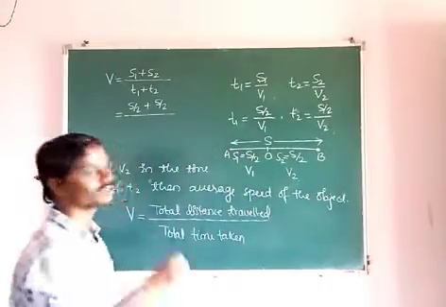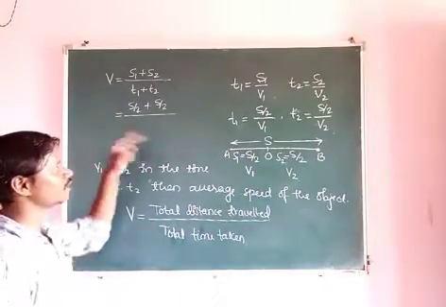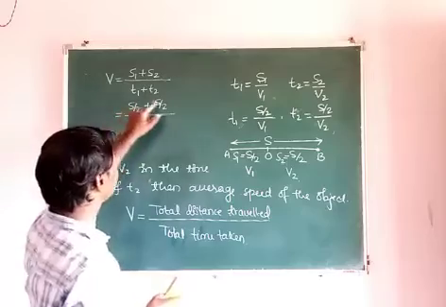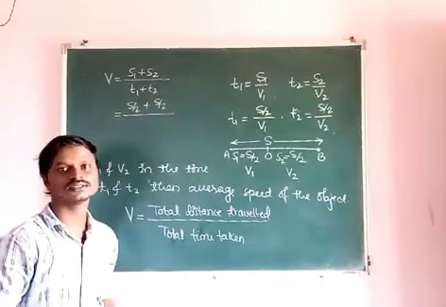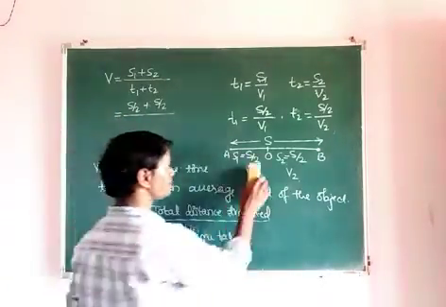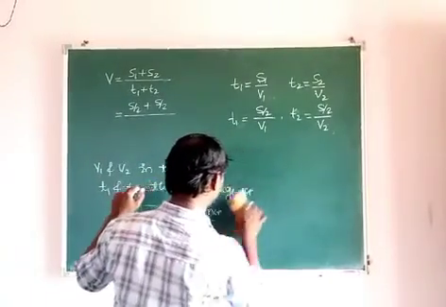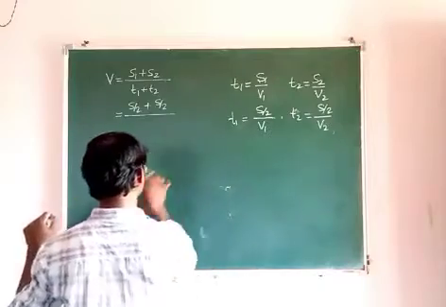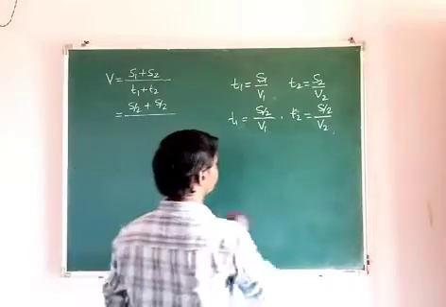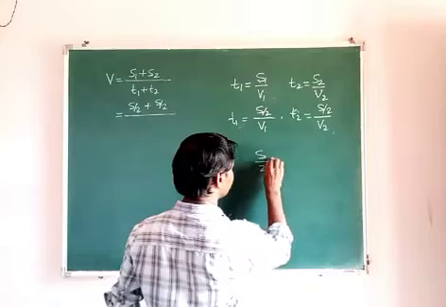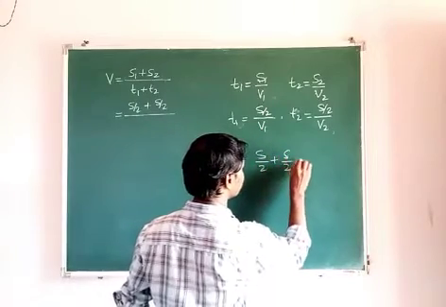Okay. On substituting the values, we will get the average speed of the object. S by 2 plus S by 2, that is how much? S by 2 plus S by 2 is 2S by 2.